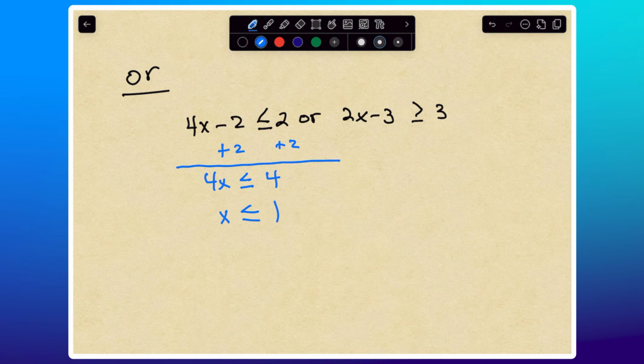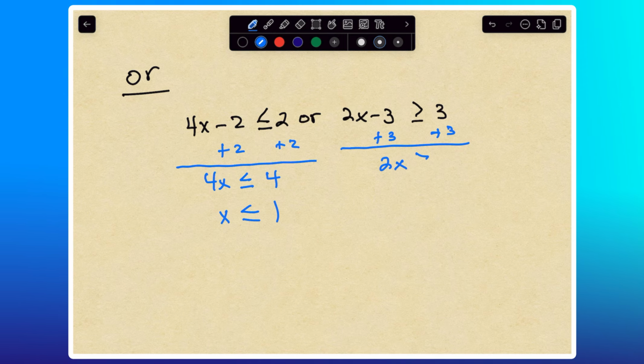Then you come over here, and we're going to do the same thing. We're going to add a 3 here and add a 3 here, and this becomes 2x is greater than or equal to 6. Of course, we divide by 2 on both sides.